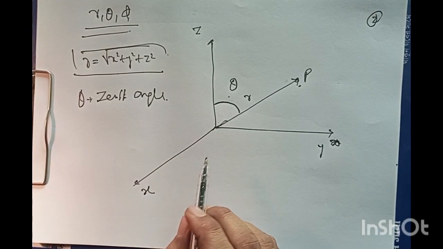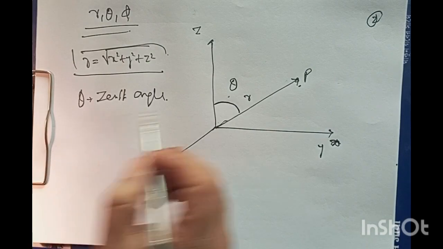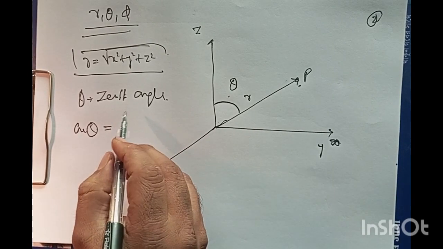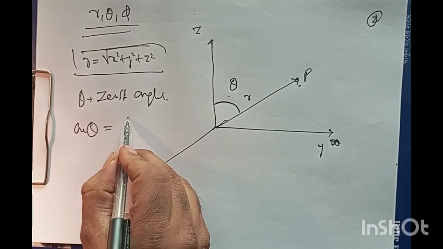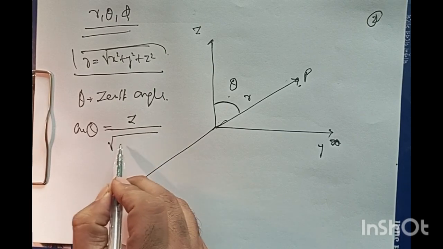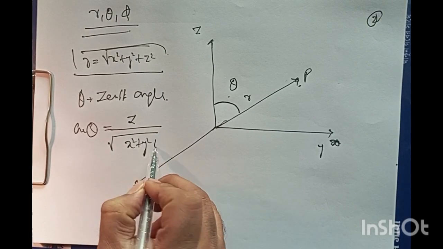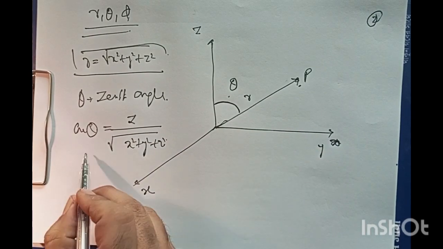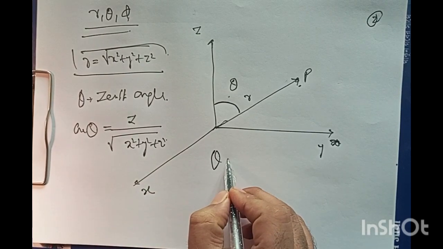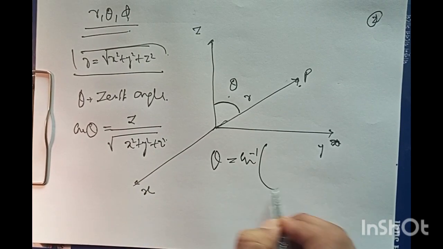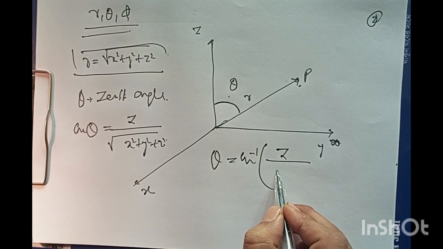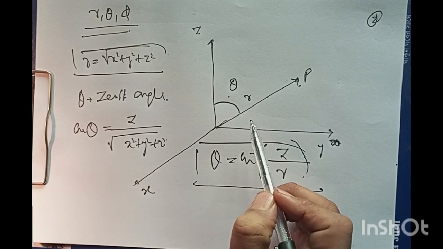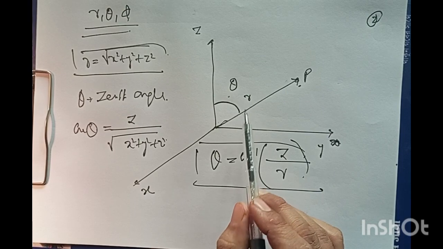This theta can be calculated, and cos theta will give us z by the square root of x square plus y square plus z square, that is, z by r. So this zenith angle theta can be written as cos inverse of z by r. So we have theta and we have r.